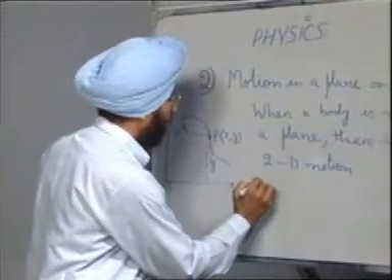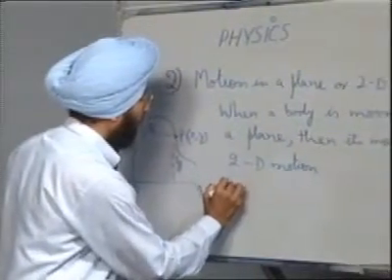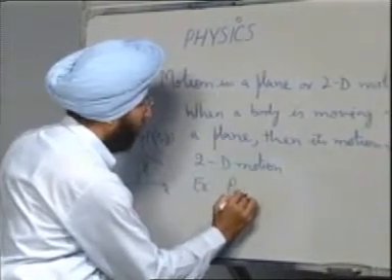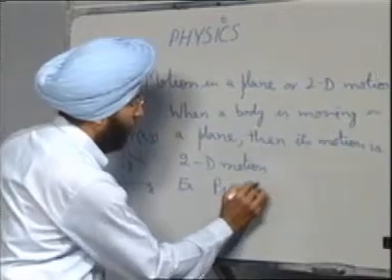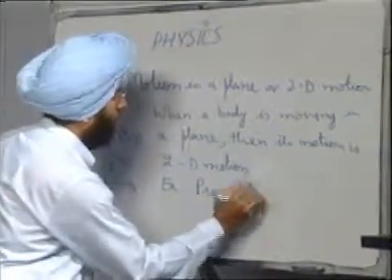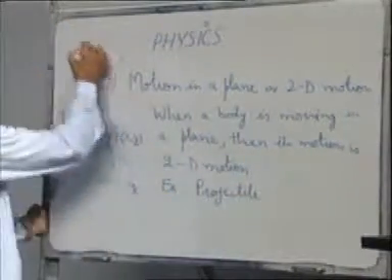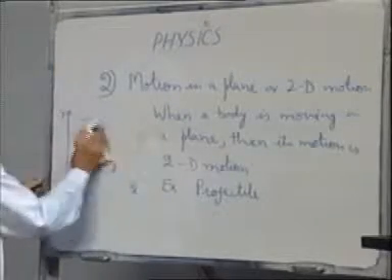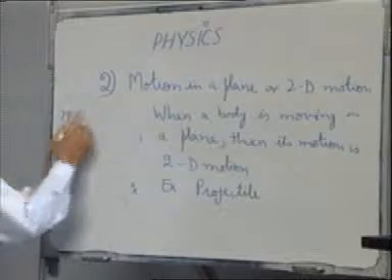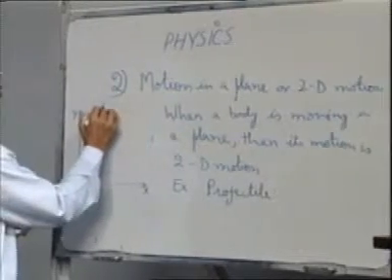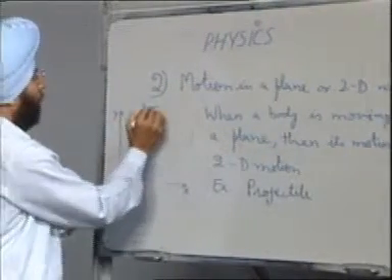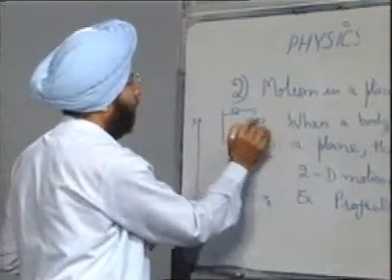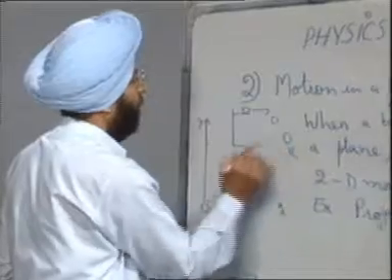Now, suppose we have another example, a projectile. Say we have a cliff, and we throw the ball, and this ball moves like this.